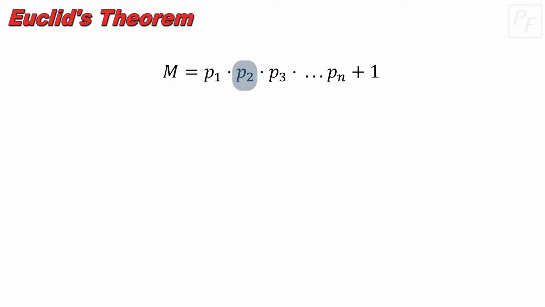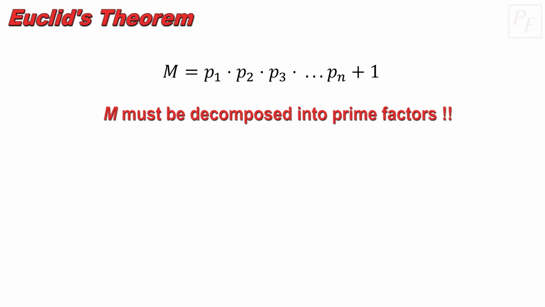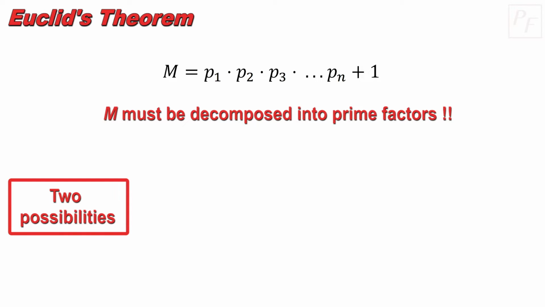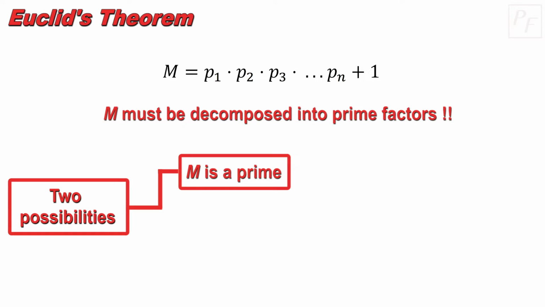If no item on the list can be a prime factor of m, and also, forcibly, m must be decomposed into prime factors, then there are two possibilities. The first is that m is also a prime number, a new prime, which would explain why it does not have any prime factor.